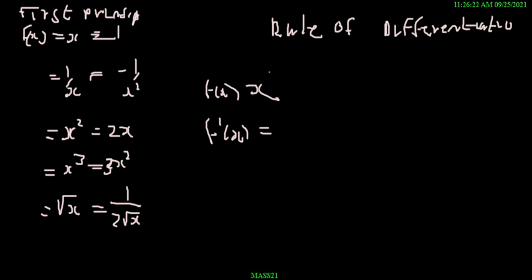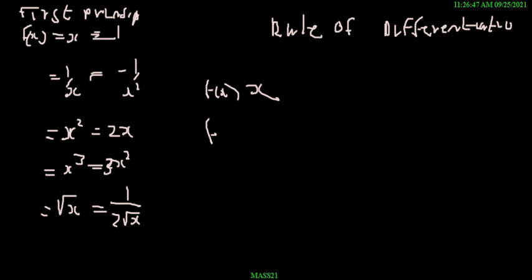The power here is 1. So we've got 1 times x to the power 1 minus 1, which is x to the power 0, and any number to the power 0 is 1. So you can see we've gotten the same as what we got using the first principle.